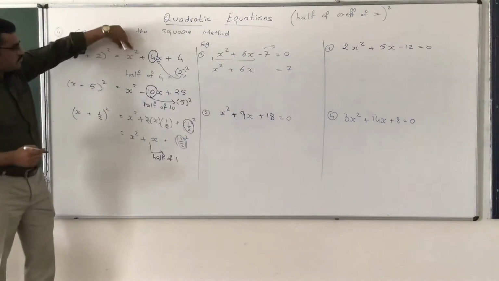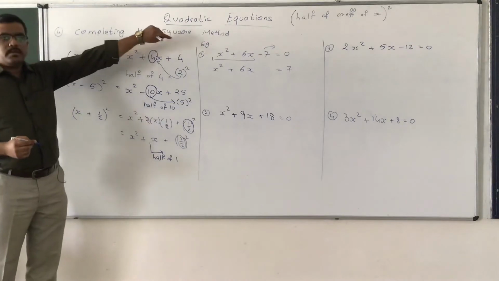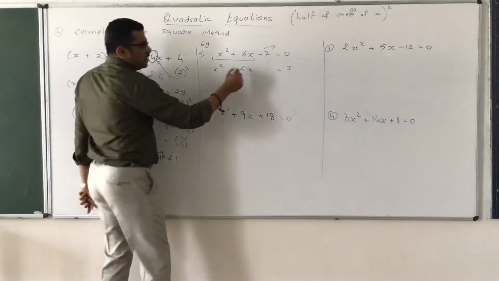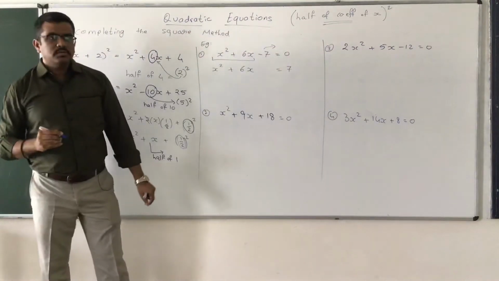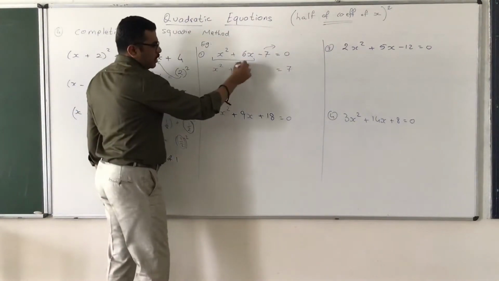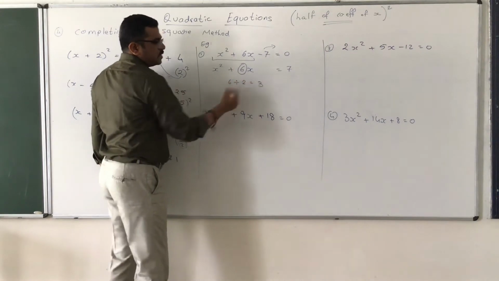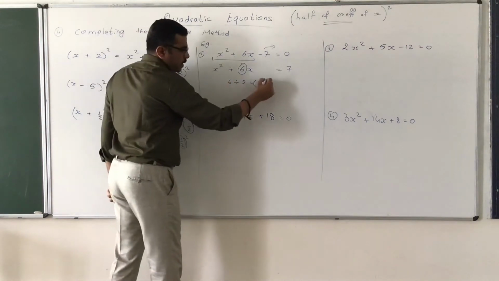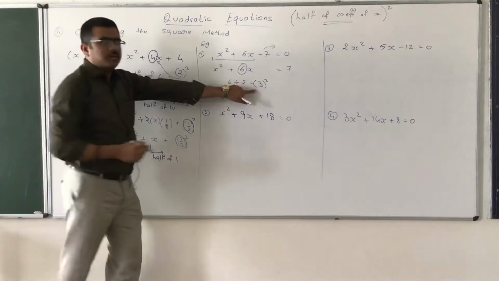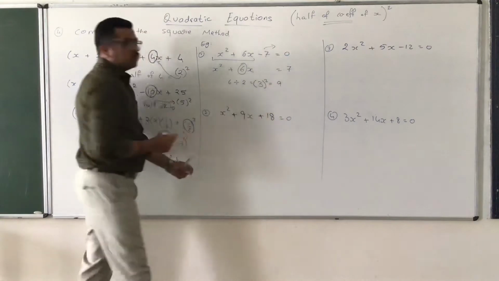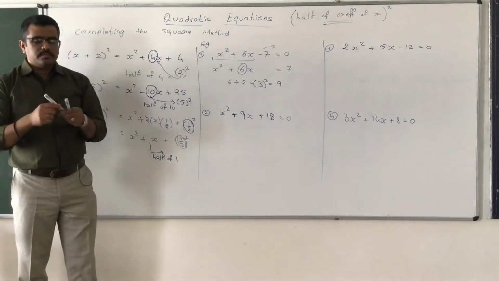Now we have x squared and the term with x. We want b squared. So b squared we get as half of the coefficient of x, which is half of 6, that is 3, and square of it. So that is 9.